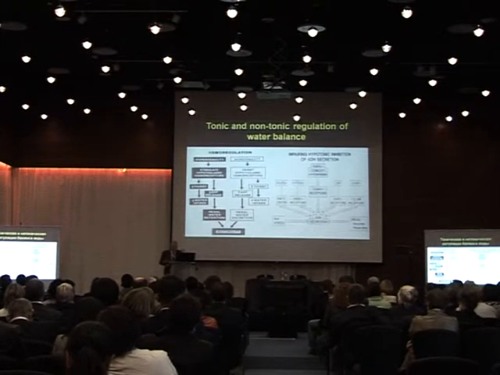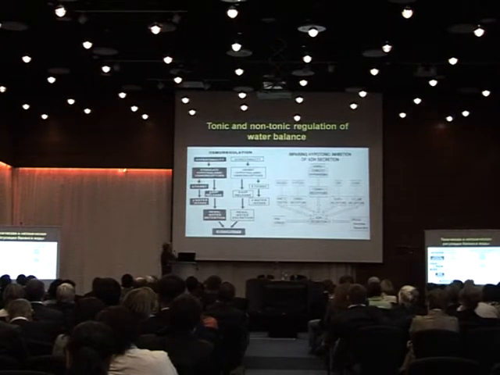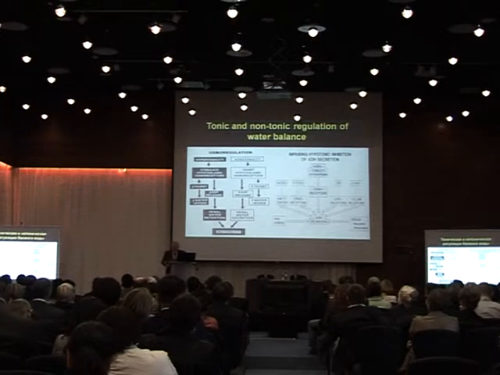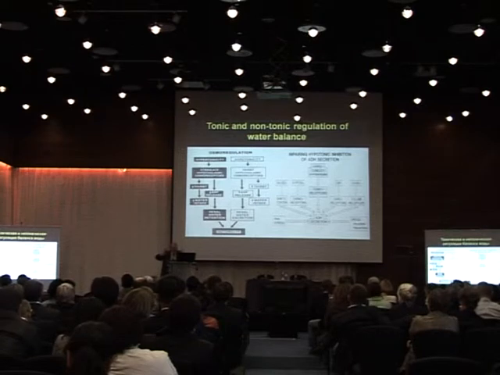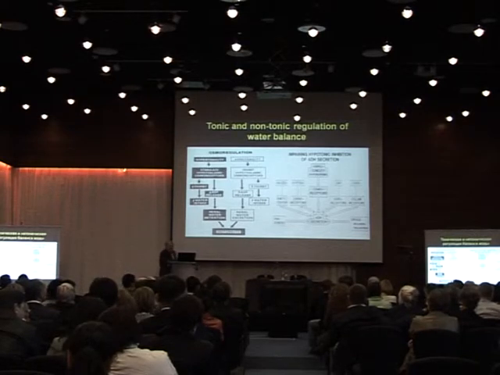In most of the pathologies that we see with hyponatremia, there is a non-osmotic regulation of vasopressin, where vasopressin is stimulated by other things than the tonicity. And that is important. Look what these other things are.